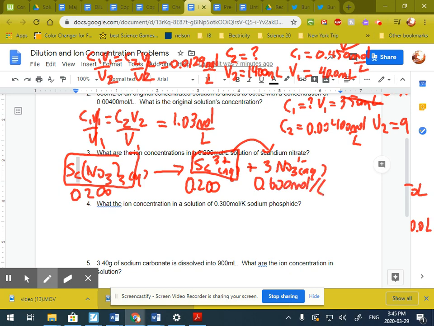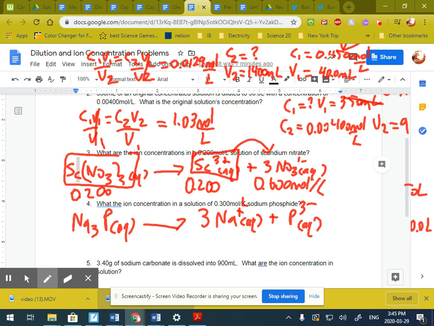0.6 moles per liter. All right, another ion concentration one. That's not mole per K. All right, so I'll fix that for your guys' assignments, mole per liter. Sodium phosphide. Sodium is 1 plus, phosphorus is 3 negative. So when that dissociates, I'm going to get 3 sodiums and a single phosphide ion, which is 3 negative.